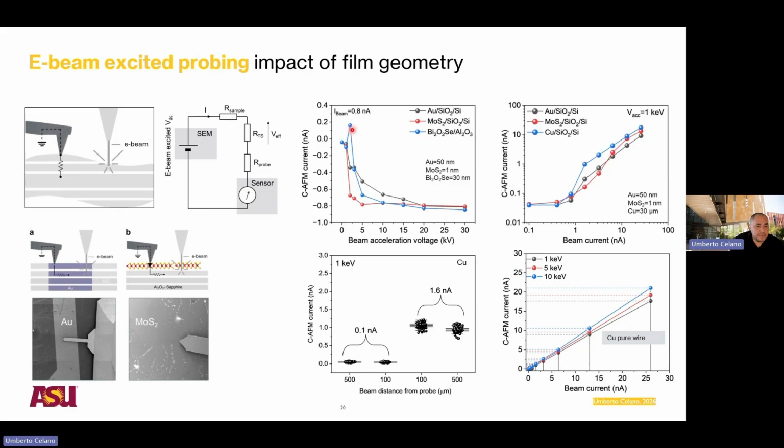Interestingly enough, you also realize that beam acceleration doesn't matter very much. We essentially hit this saturation regime for the amount of current within 5 to 10 keV, which suggests that the beam will essentially hit the sample way, way deeper than it matters, especially at this scale. You can do any basic Monte Carlo simulation and realize that at any of these beam accelerations, we will be injecting our E-beam very deep compared to the thickness of these layers.